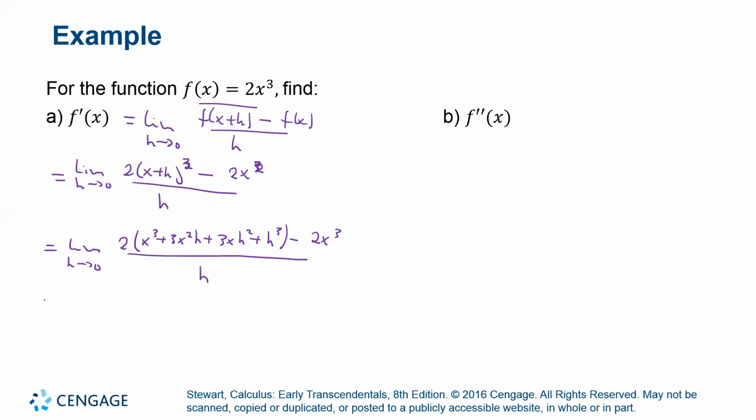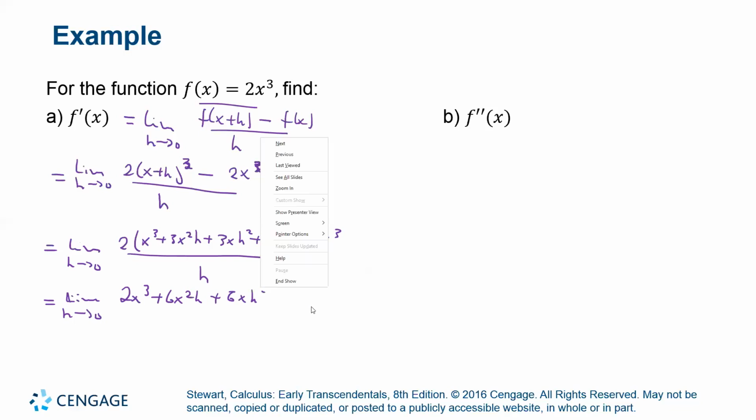Now let us do some algebra there. The limit as h goes to 0. Now distribute the 2 over, you have 2x cubed plus 6x squared h plus 6x h squared, then plus 2h cubed, minus 2x cubed. Now guess what? That will cancel out.